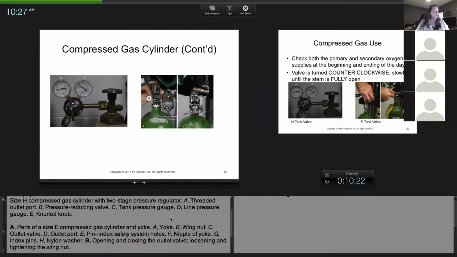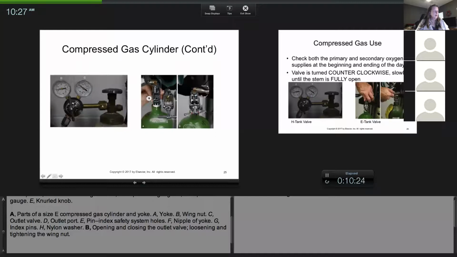If you have heard of male and female connectors, like when you work with fluids, they'll tell you there's the male end and the female end. That's just a term that we use for connectors. So basically, the tank has the female ends, okay? The yoke has the male ends.